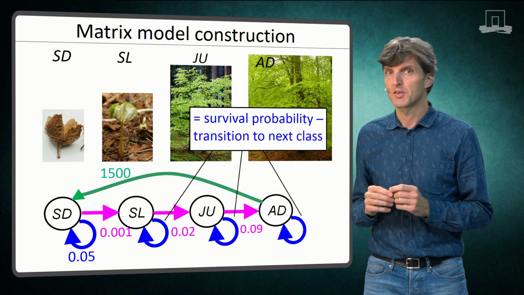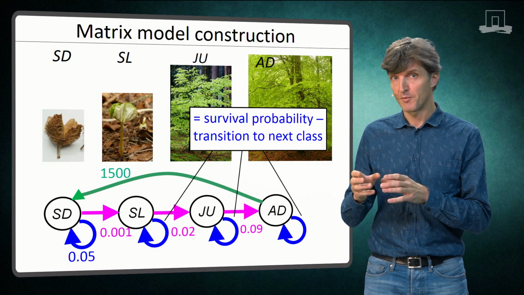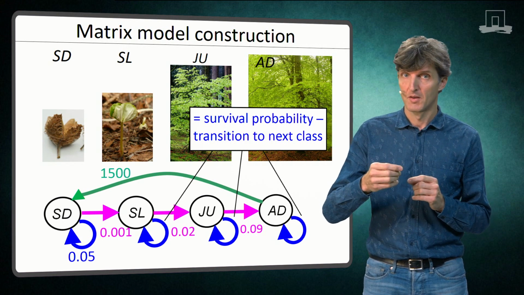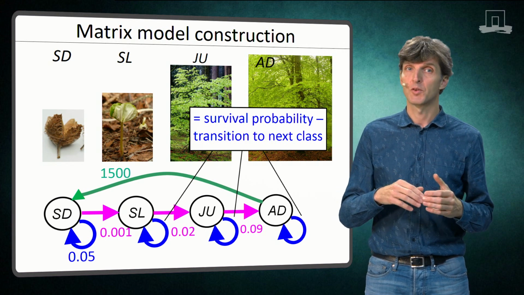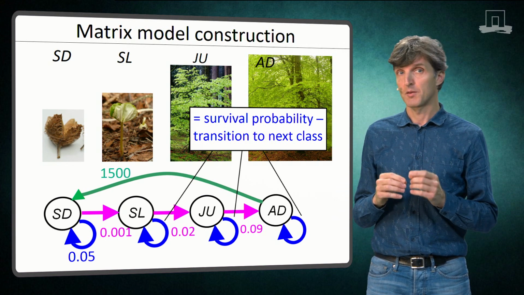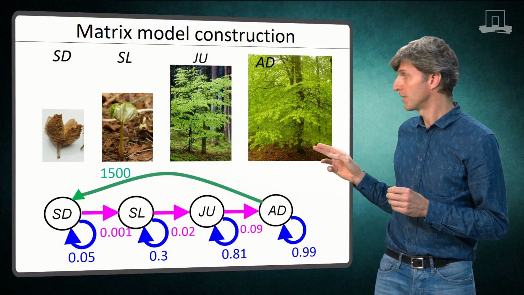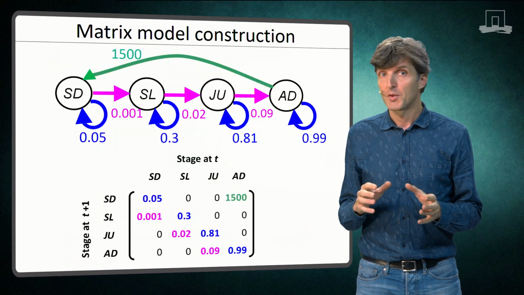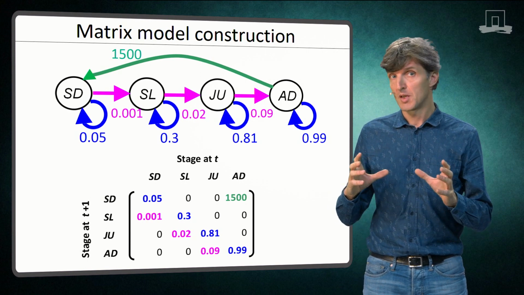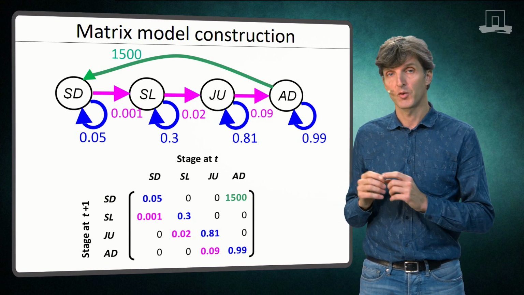The stasis transition represents those individuals that survive but have not moved to the next class. So the probability of surviving minus the probability of moving to the next class. And the resulting values for stasis are over here. Just like the example of the hare, we can now put all transitions in a table to obtain the transition matrix for beech trees.